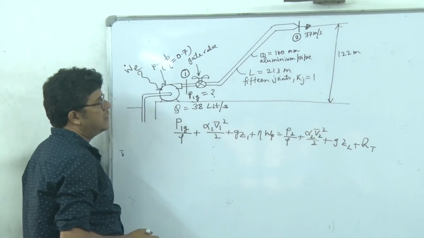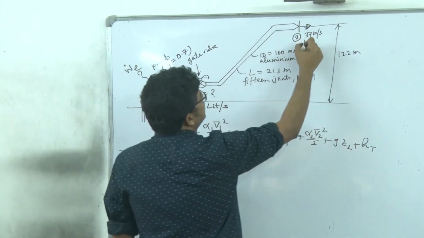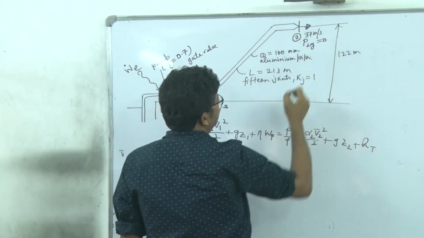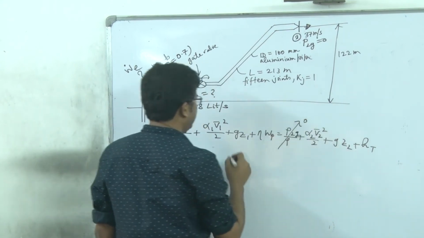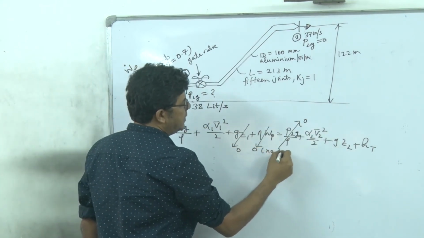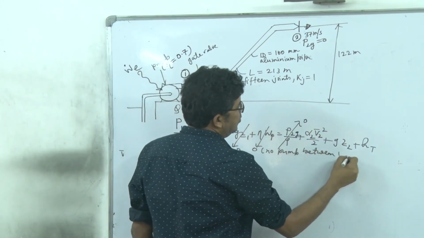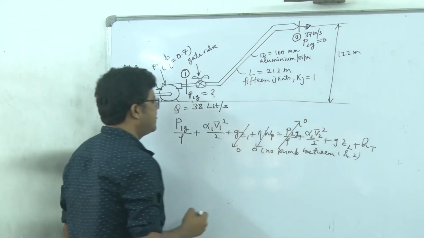Here P2G is obviously 0 because it is releasing to atmosphere. Z1 is 0, WP is zero, no pump between 1 and 2.